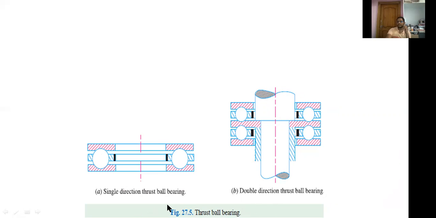Here the loads are acting along the axis of the shaft. That's why these are very difficult to carry the load.